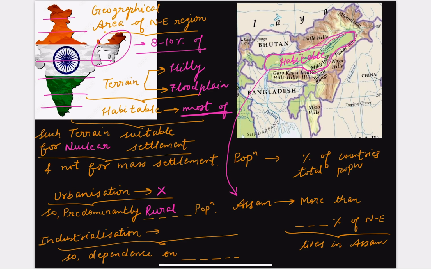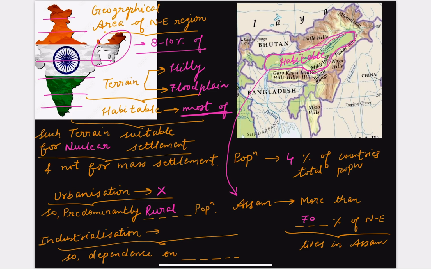So more than 70% of the population of northeast India lives in Assam, and the total population of northeast India is actually 4% of the country's total population. While the land mass of northeast India is 10% of the country's total geographical area.